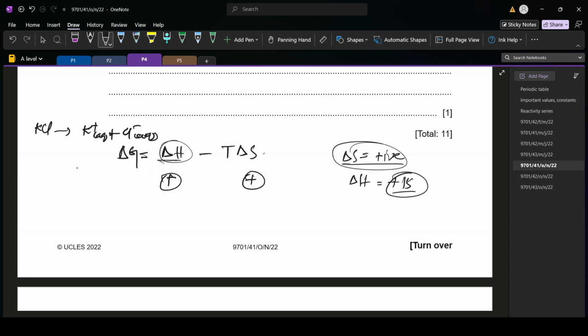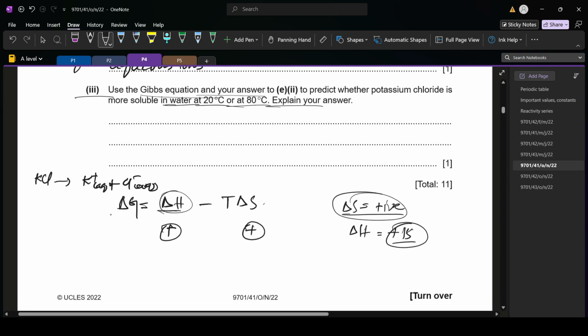When the Gibbs free energy is negative, the reaction is more feasible. You have to tell whether Gibbs free energy is more negative at 20 degrees Celsius or 80 degrees Celsius.